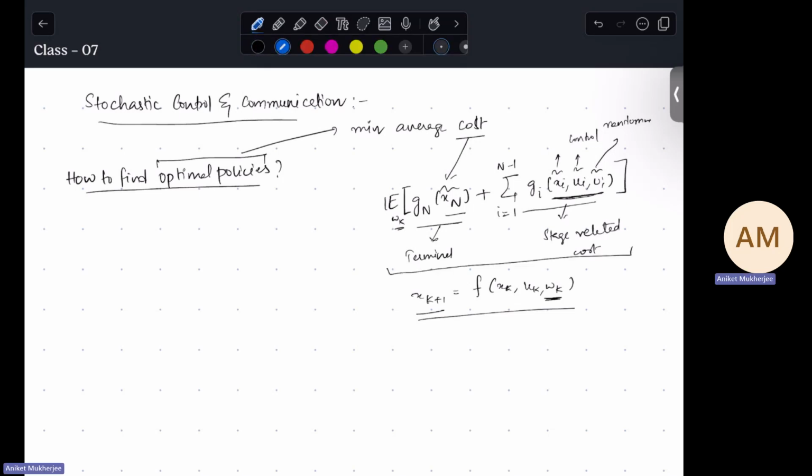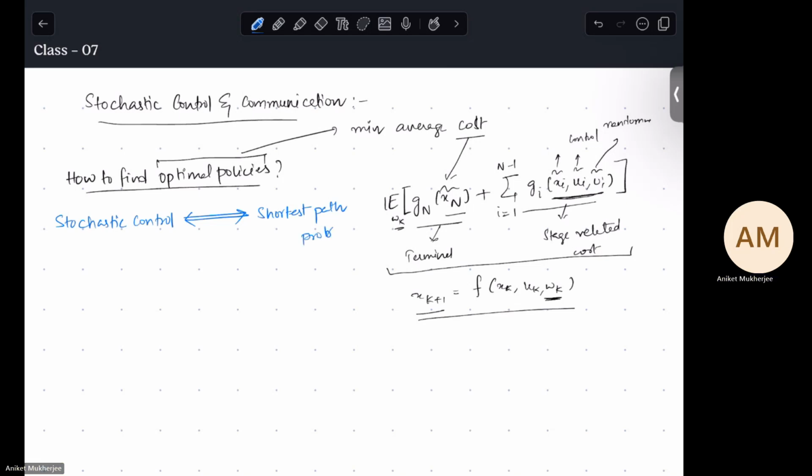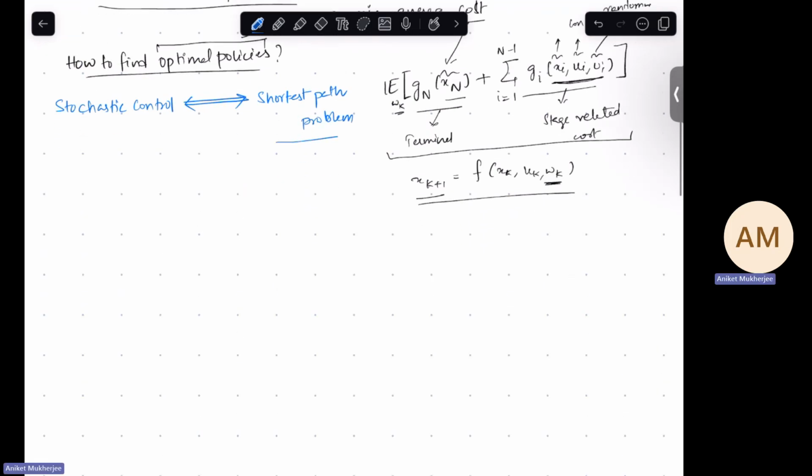Yesterday, what we saw was, this is your basic stochastic control problem. We saw that the stochastic control problem has many similarities with the shortest path problem. And we found one pretty interesting thing in the shortest path problem.